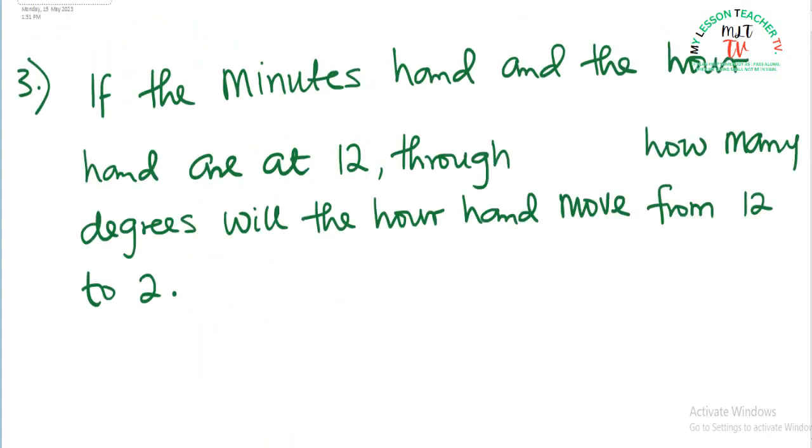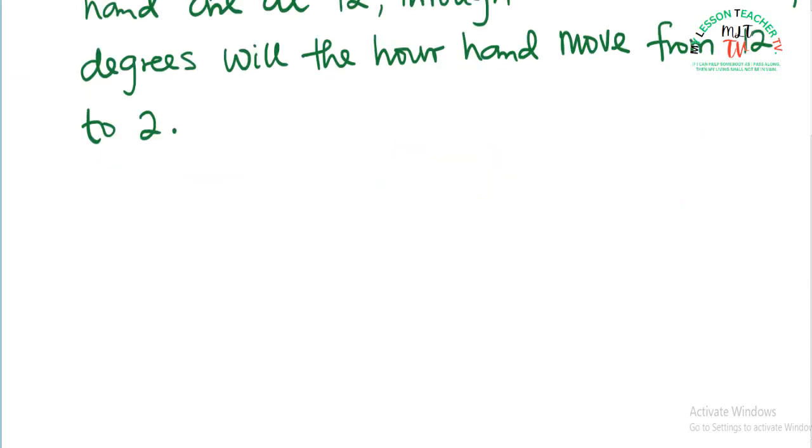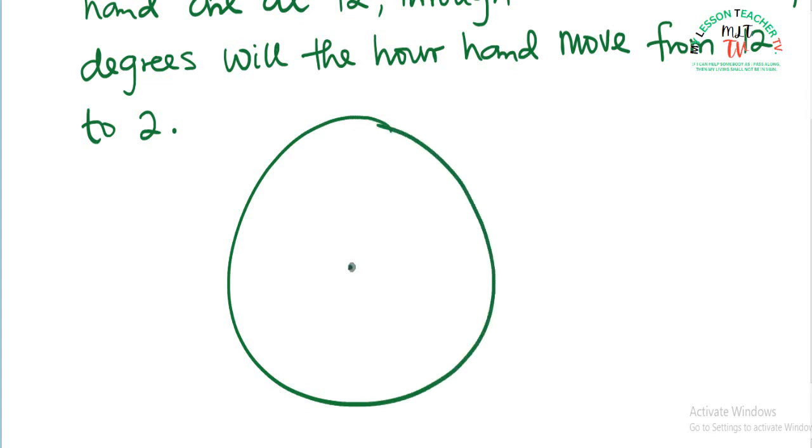Question 3 says, if the minute hand and the hour hand are at 12, through how many degrees will the hour hand move from 12 to 2? So if this happens to be the clock, don't mind my diagram.